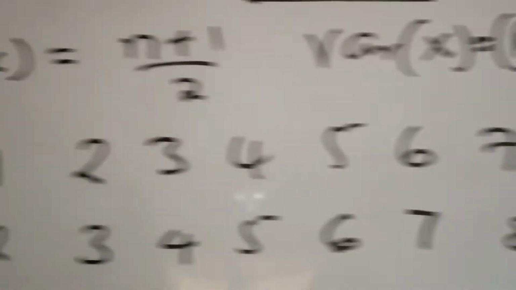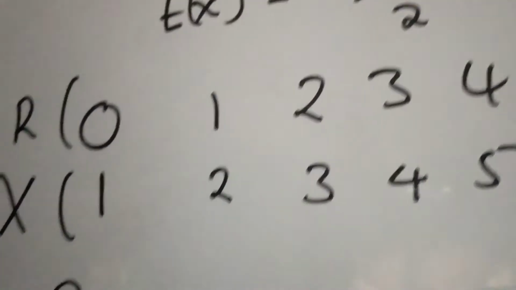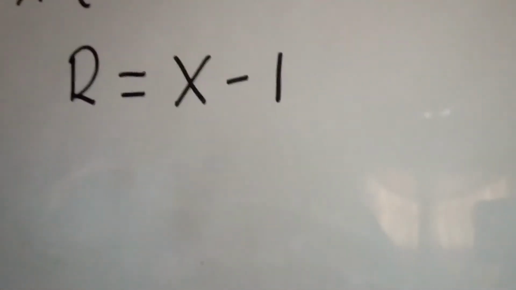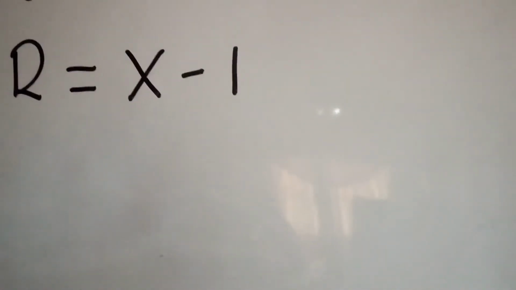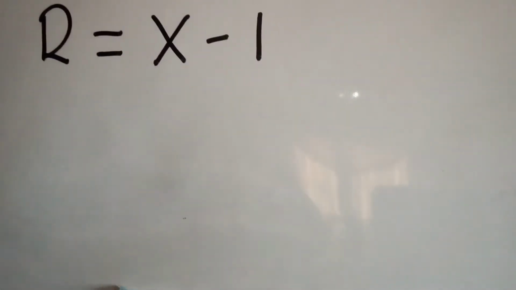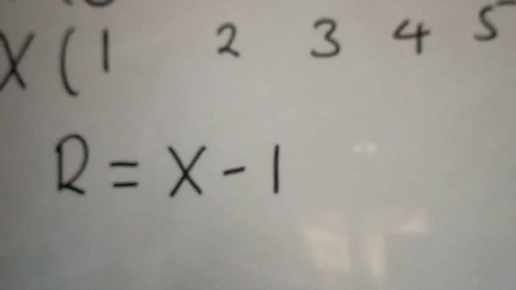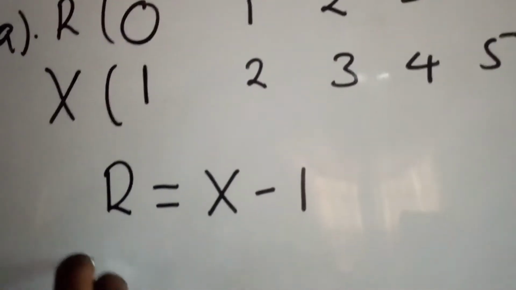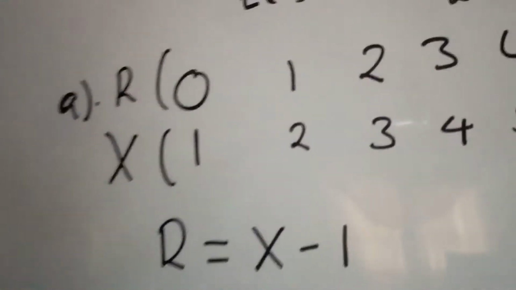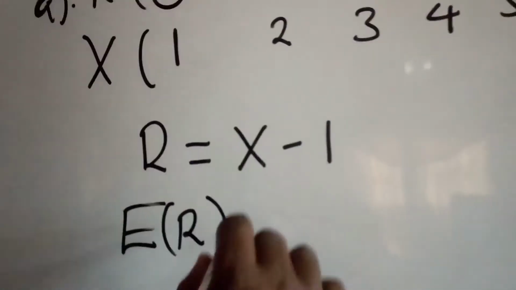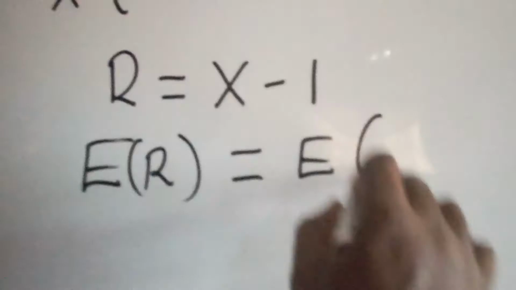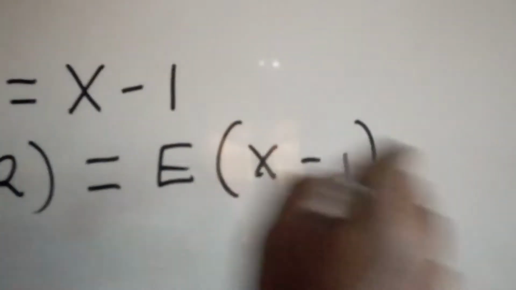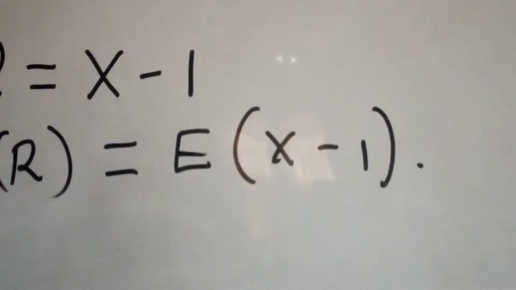Now, the very first part of the question: find the mean and the standard deviation of the single digits. The mean is the mean of R. And the mean of R is easily the mean of X minus 1, because R is X minus 1.